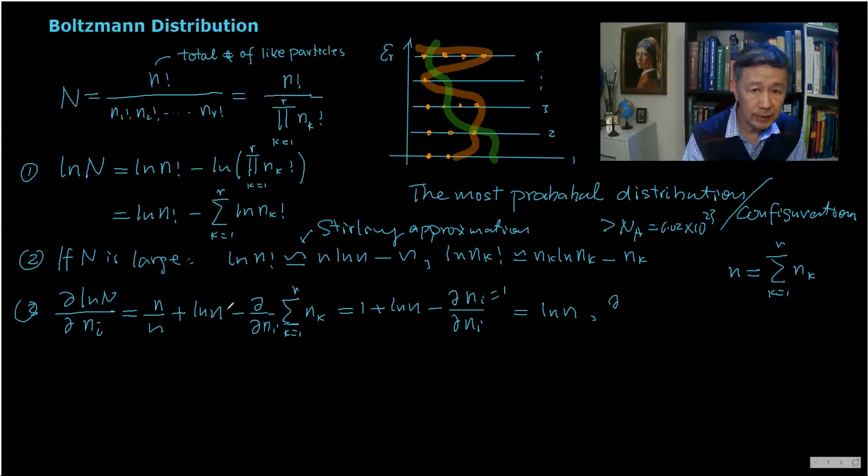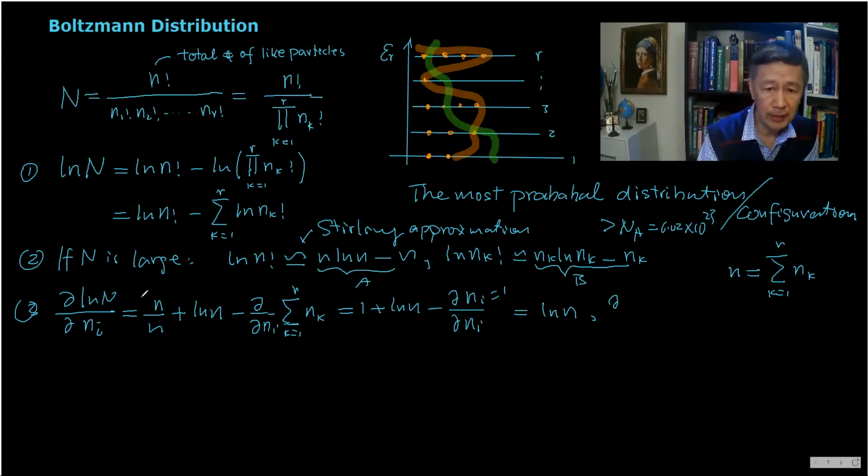Similarly, if we apply the same argument, we can also obtain the second term. Let's go to the second term. Before we go further, we have simplified that. Let's call this A and this B. Basically, in order to find this one, this is actually not n, it's just n.